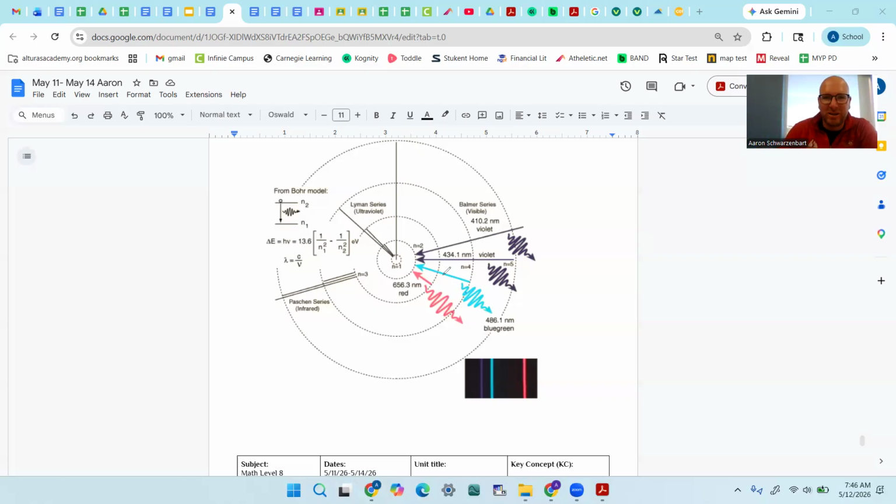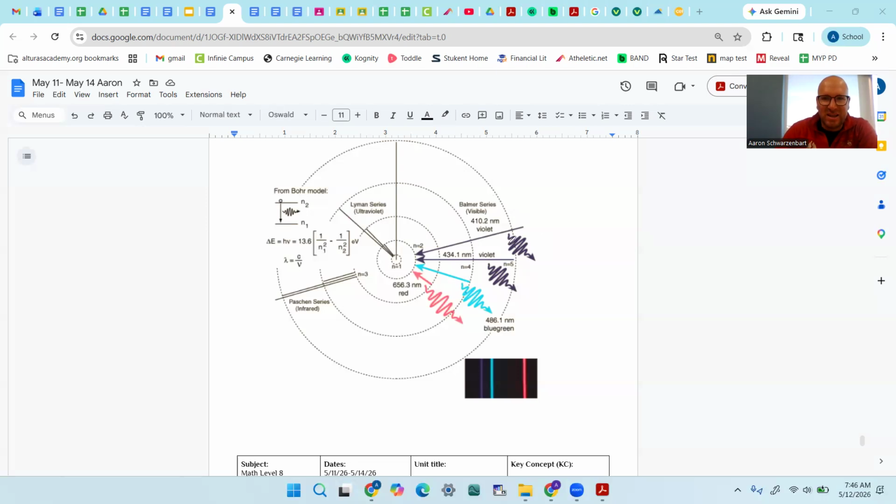However, a glowing neon sign is only going to emit certain frequencies, and you'll get very distinct colors if you look at it with a prism or a spectroscope or something that's going to separate them. So you'll see spectrum lines, and we'll be looking at some different gases in the lab on Monday.